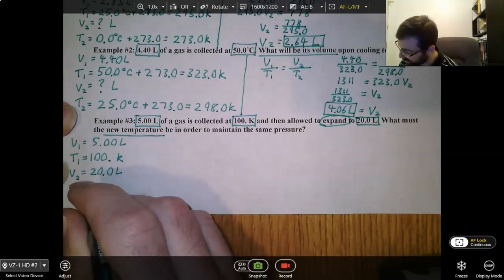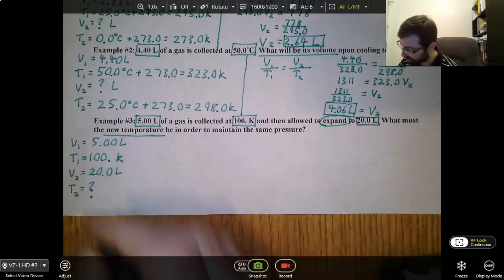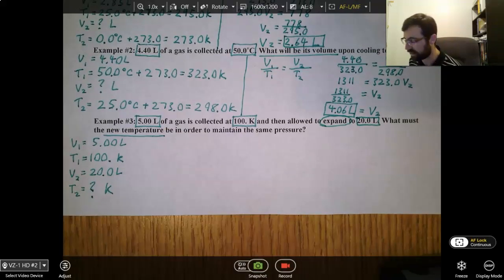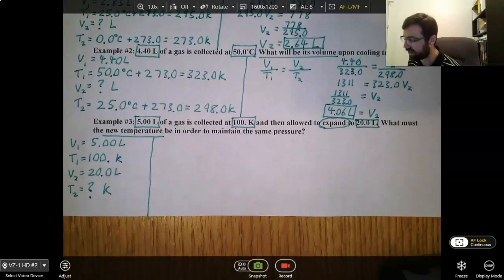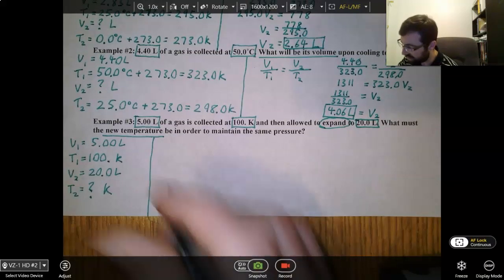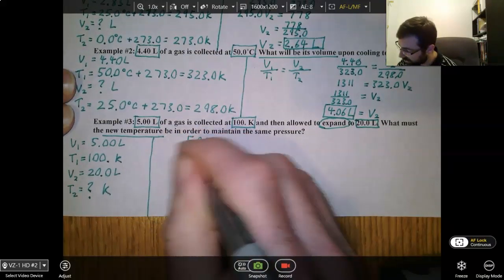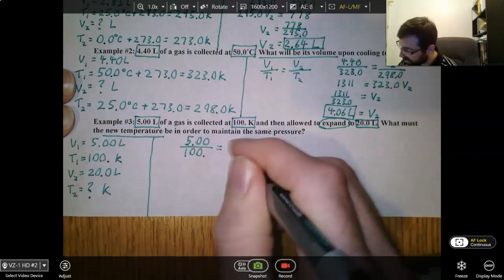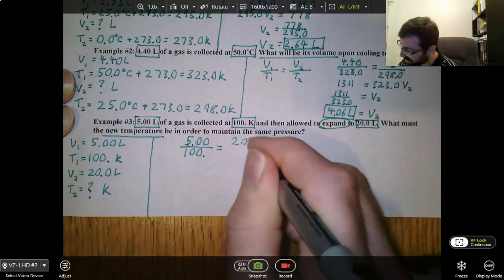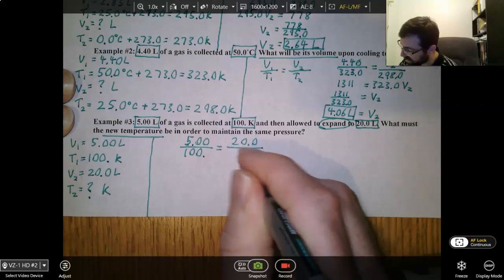And our second temperature, it does not tell us it has to be in Celsius, so I'm just going to write it in terms of Kelvin when I solve for it. So I have volume in liters, I have temperature in Kelvin. I can go right into my equation, which is V1 over T1 equals V2 over T2. V1 is 5.00. T1 is 100 point. V2 is 20.0. And T2 is my unknown.